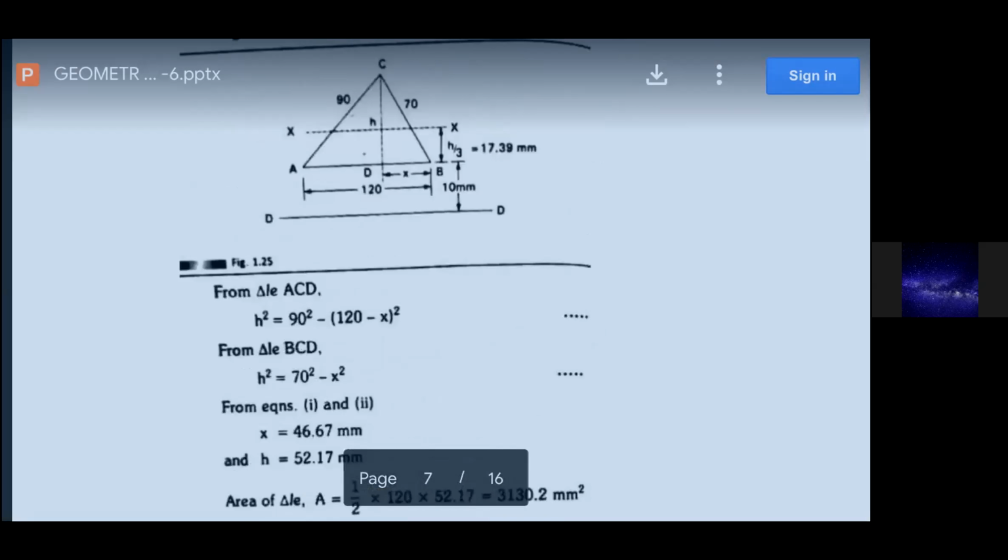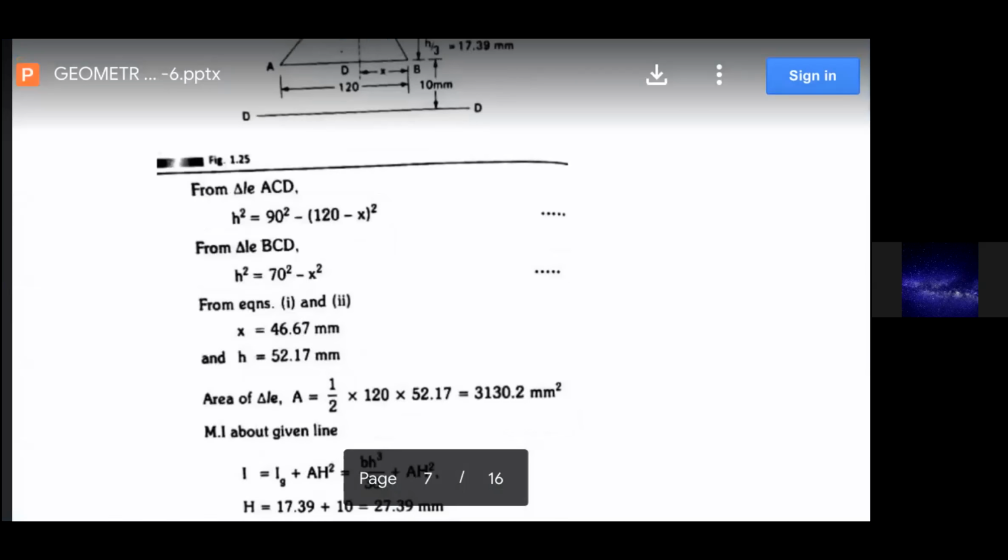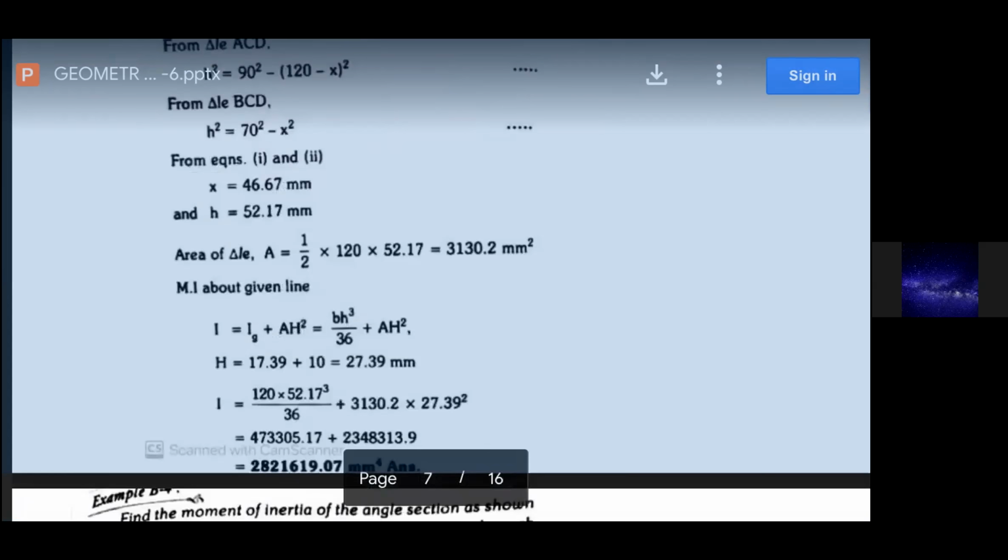For the centroid, capital H is equal to 10 plus h by 3. The centroid of the triangular section lies at a distance of one-third of its height, that is h by 3, that is 17.39, plus 10, which is 27.39.